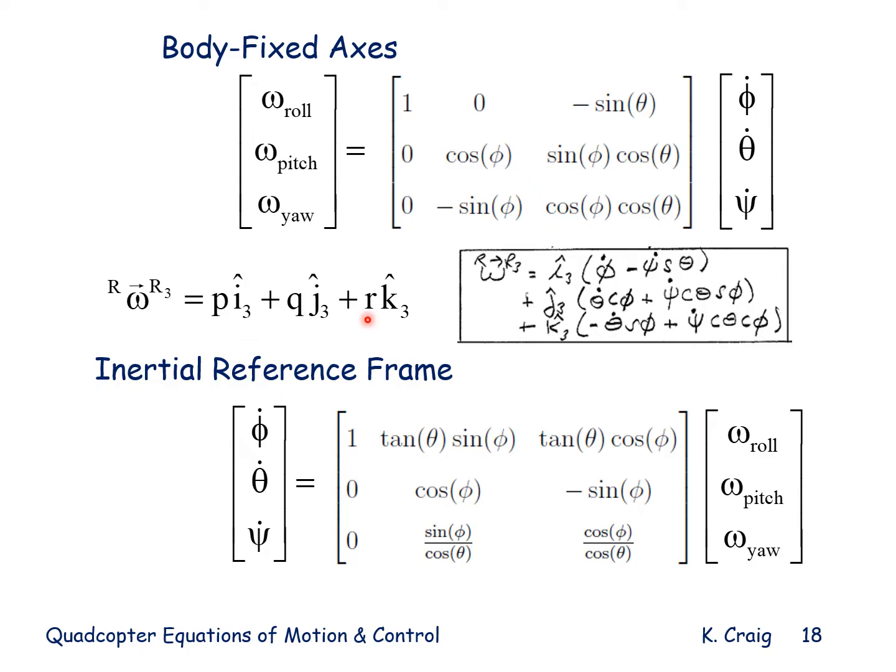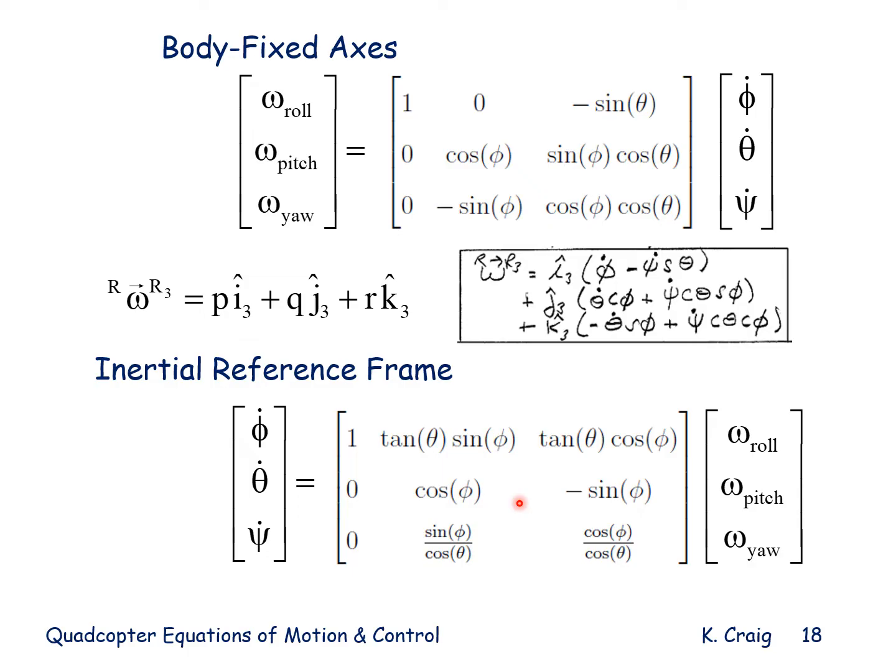In order to obtain an expression for phi dot, theta dot, and psi dot in the inertial reference frame, I need to take the inverse of this matrix. This is not a rotation matrix, and so its inverse is not equal to its transpose. I need to formally take the inverse of this matrix, which I have done here.